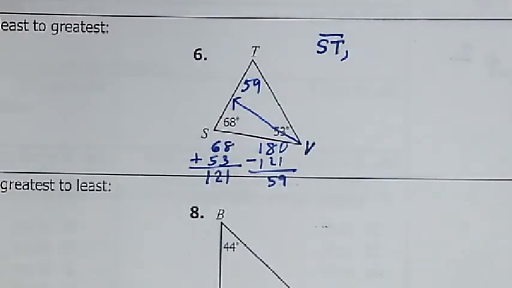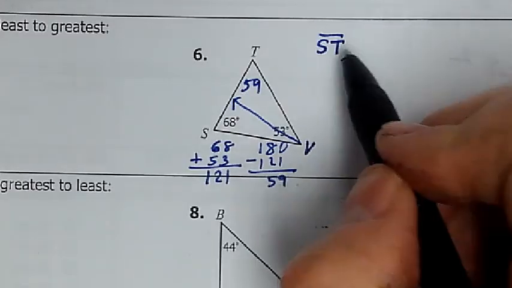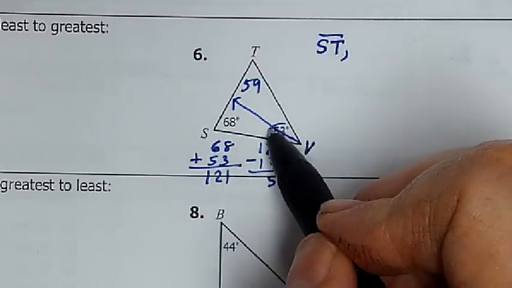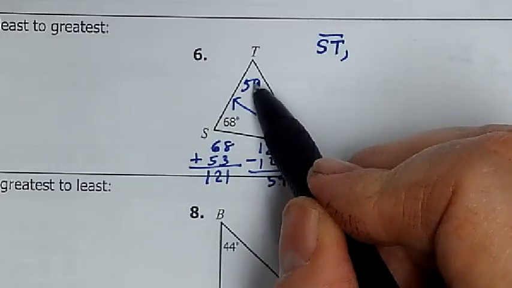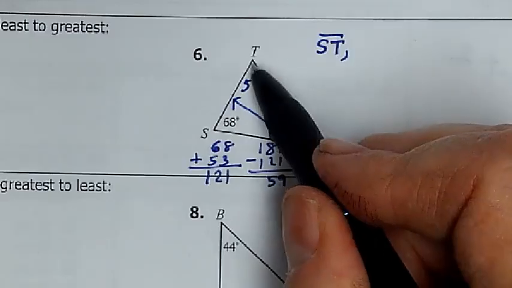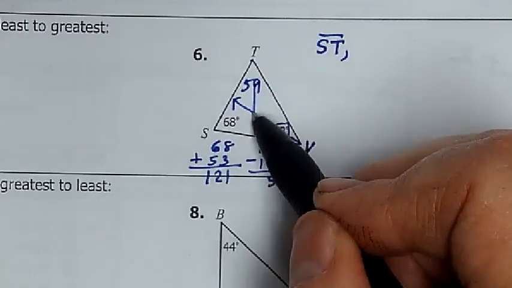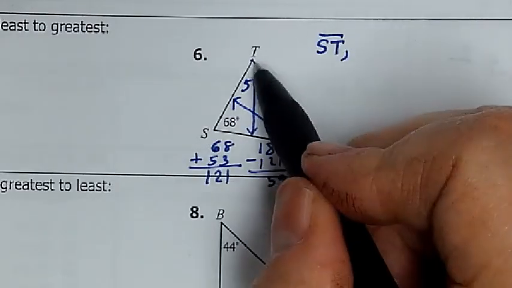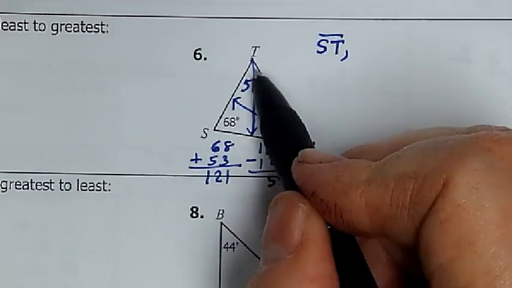After 53 comes 59, so that's angle T. If this is the middle angle, what's the opposite side? Line segment SV.